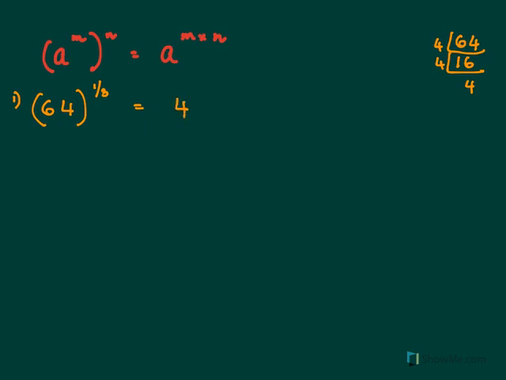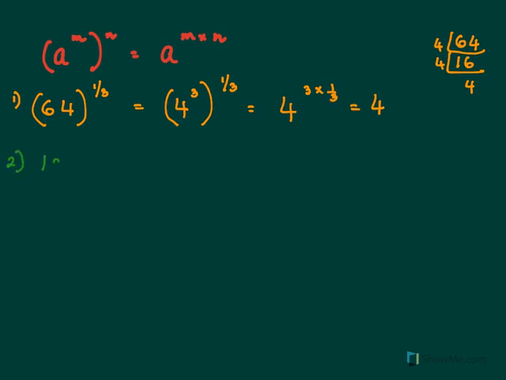So 64 is 4 raised to 3, and this whole thing will be 1 by 3. So it will be 4 raised to 3 into 1 by 3, which is equal to 4. Remember, this 64 is written as 4 raised to 3, and then we use the rule or the law of exponent, m into n, 3 into 1 by 3.